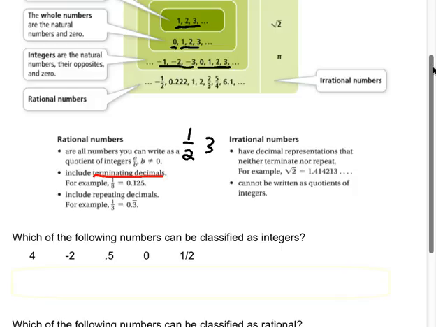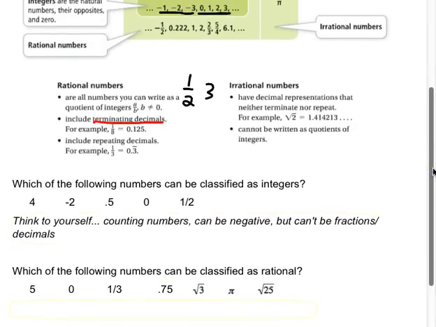What we're not looking for are decimals. We can use the counting numbers, we can even use negatives, but you cannot use fractions or decimals. Those would not count as integers. So 4 would count. That's a nice integer. -2 would count, 0 would count, but integers do not have fractions or decimals in them. So I would not want the 0.5 or the 1/2.